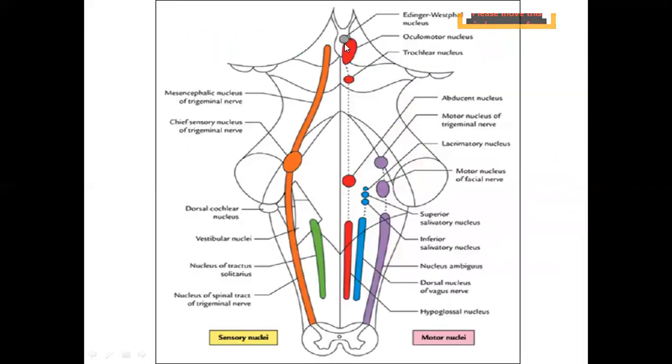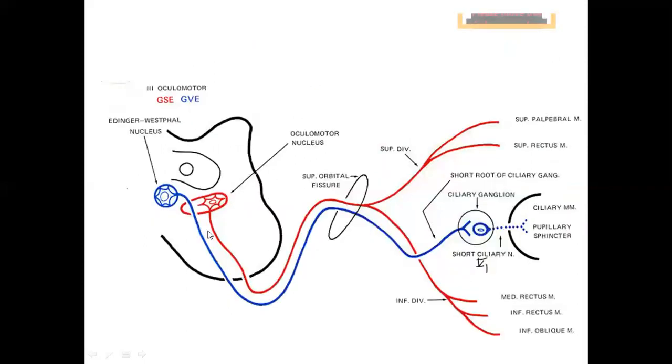This is the oculomotor nerve in connection with the Edinger-Westphal nucleus, at the level of the midbrain, showing the superior colliculus and inferior colliculus. Here is the oculomotor nucleus, and this is the Edinger-Westphal nucleus.